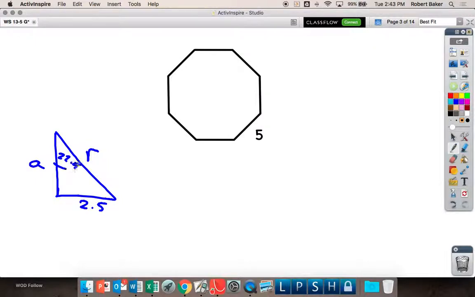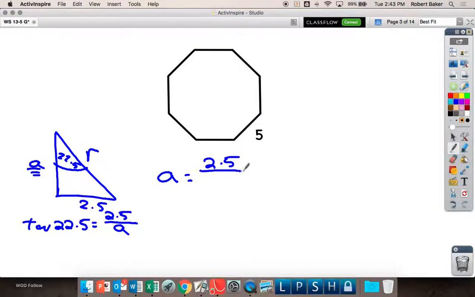So if I go back to solve for A, the tangent of 22.5 is equal to the opposite value over the adjacent value. And what happens in that scenario? Your apothem is equal to 2.5 divided by tangent 22.5.